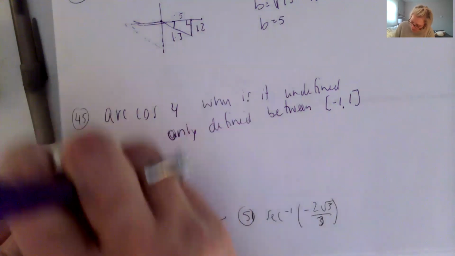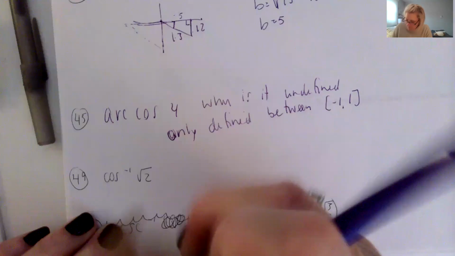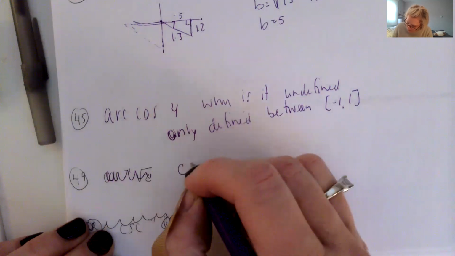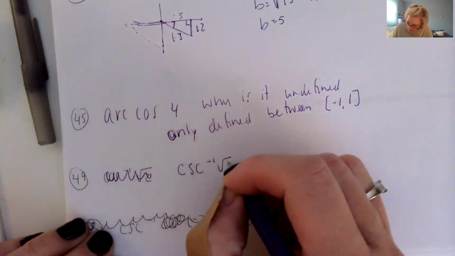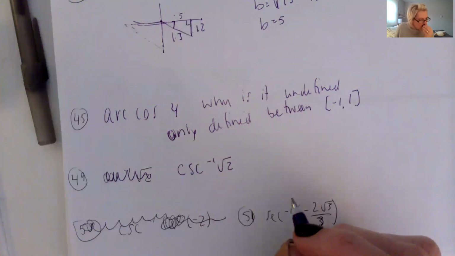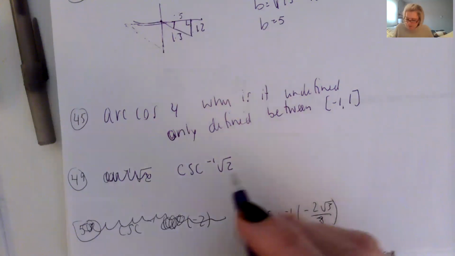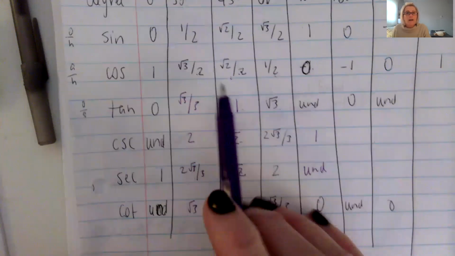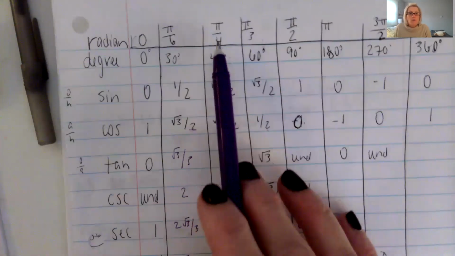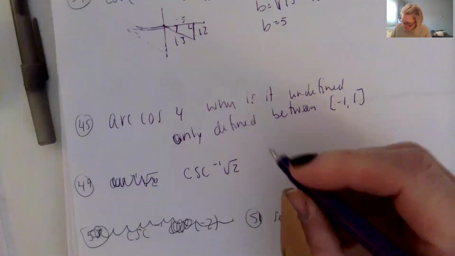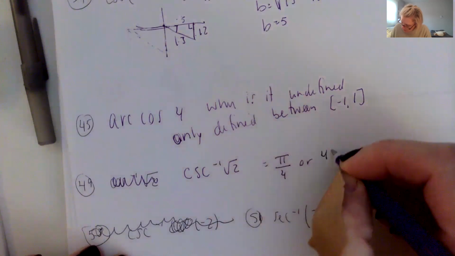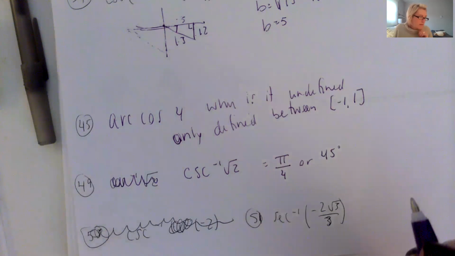I wrote that as cosine. So this 49 should be cosecant of a -1 of square root of 2. And so where is cosecant of square root of 2? Cosecant of square root of 2 is right here at pi/4, 45 degrees. So this would be pi/4 or 45 degrees.